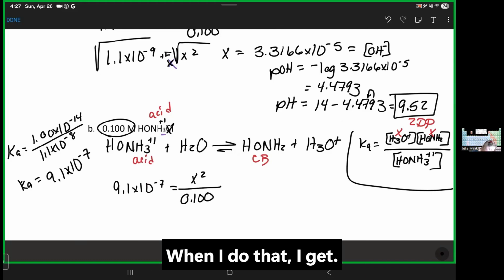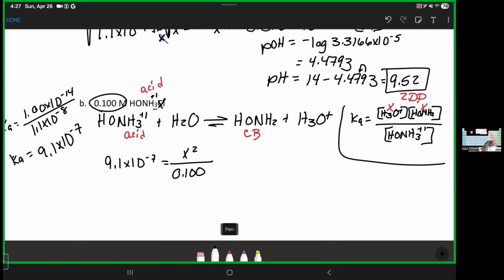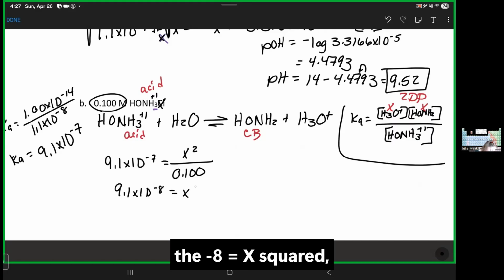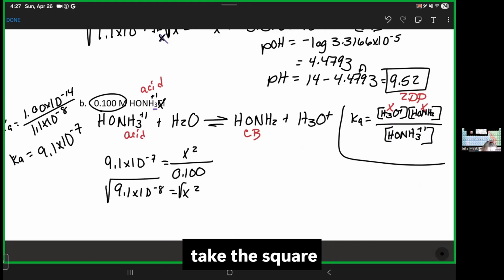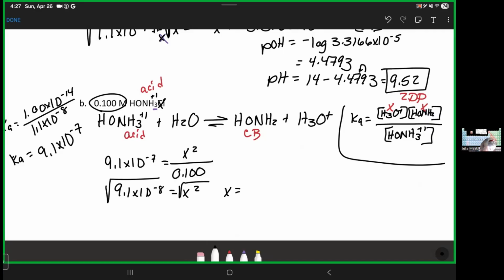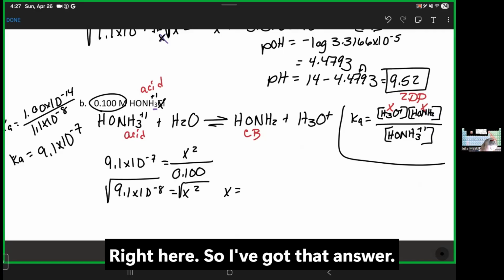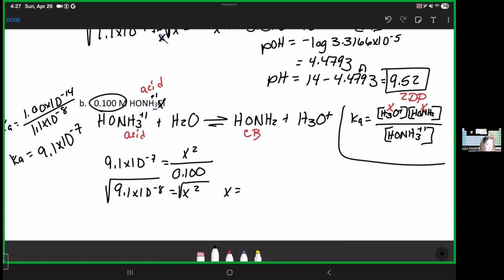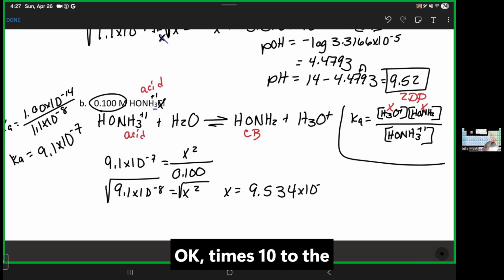When I do that, I get 9.1 times 10 to the negative 8 equals X squared. Take the square root of both sides. And my X equals, so I got that answer, square root of that I get 9.534 times 10 to the negative 4.